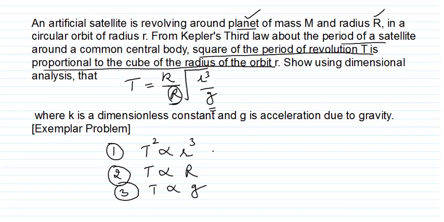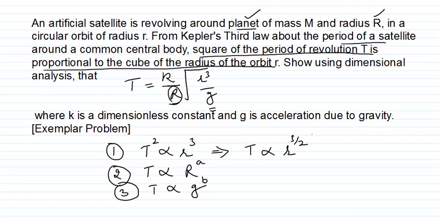Clear? Now it is known that T is proportional to R raised to power 3 by 2. Here the power is known to us, but the other powers are unknown, so we will write them as A and B.